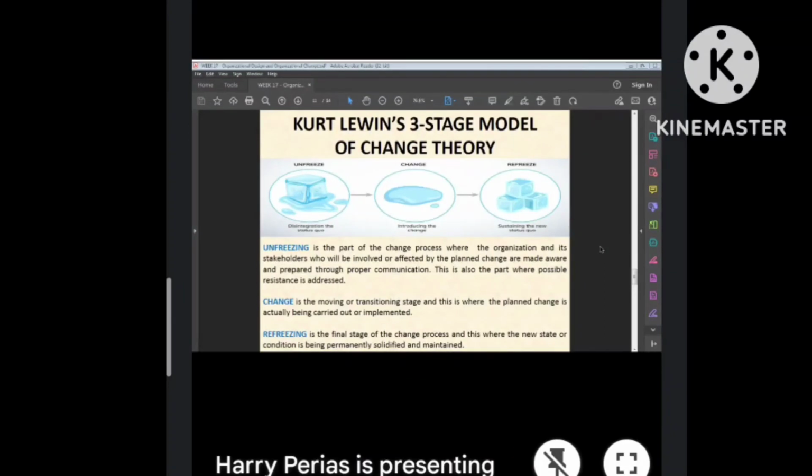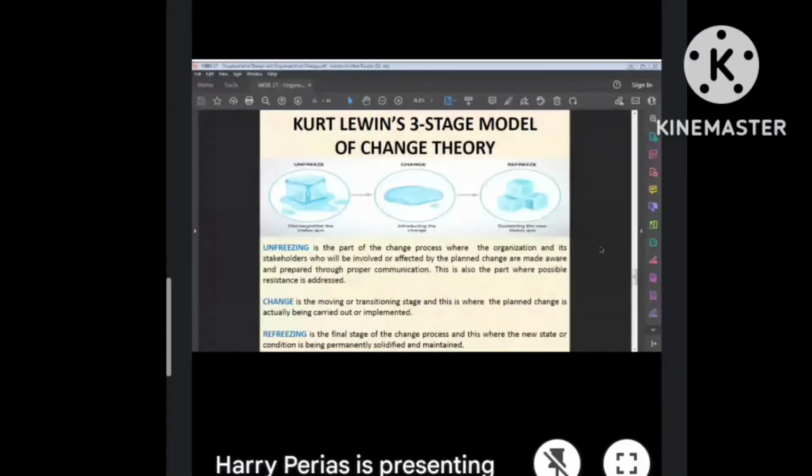For example, gumamit ng computers or hindi sila nakaalam sa internet, 'di ba? So, to address that, kailangan ready ang management na mag-conduct ng trainings and seminars, 'di ba? Training and development programs na talagang i-immerse yung mga employees para matuto sila before i-implement talaga yung actual change.